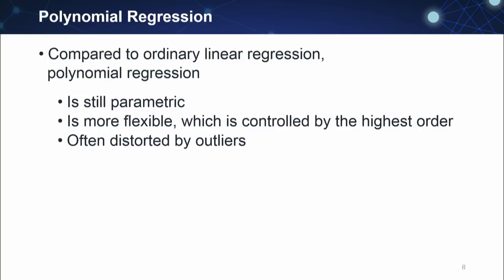Compared to the ordinary linear regression, polynomial regression is still parametric, as you see from its equations. And it is more flexible because it includes more terms, and the flexibility is controlled by the highest order. Okay?